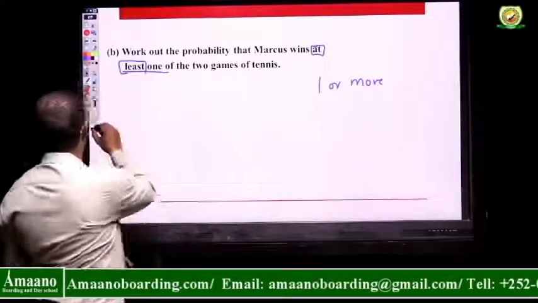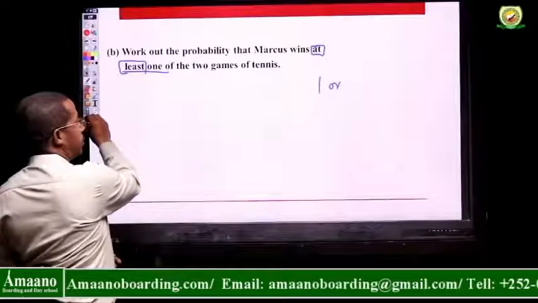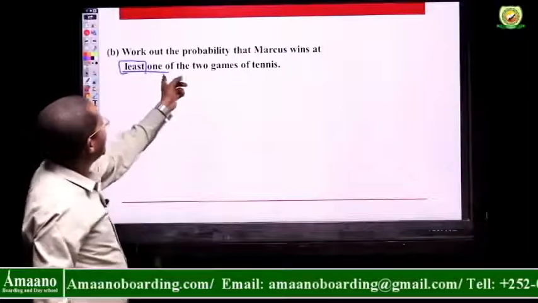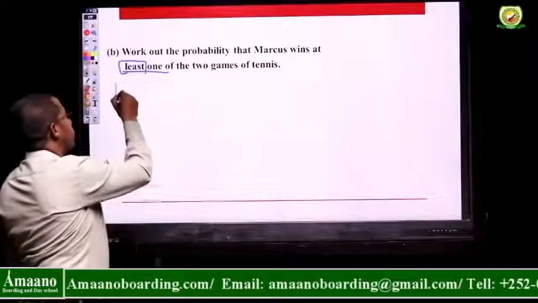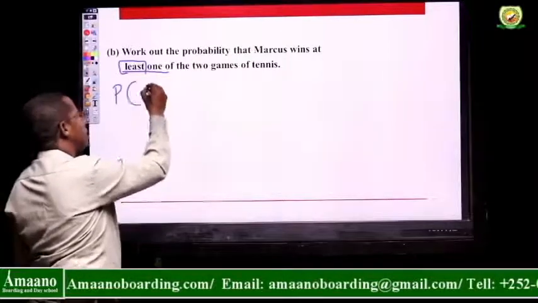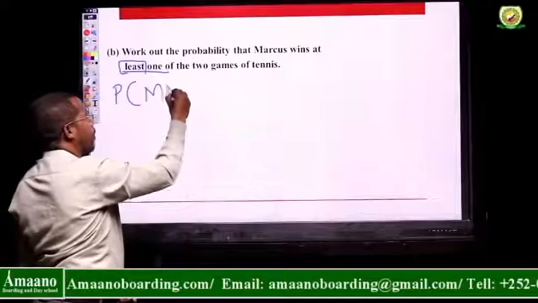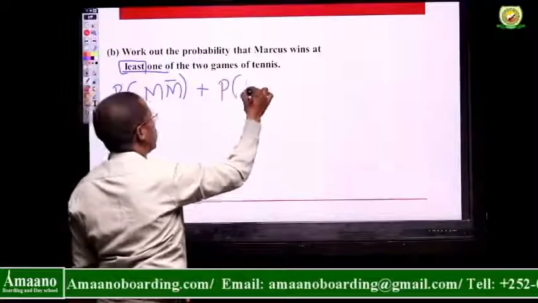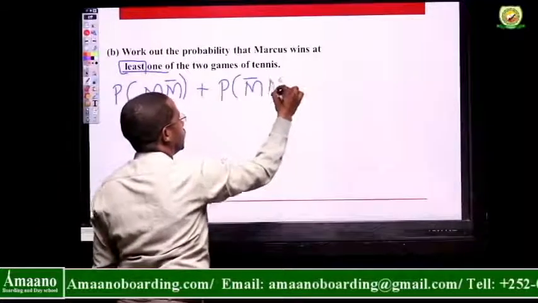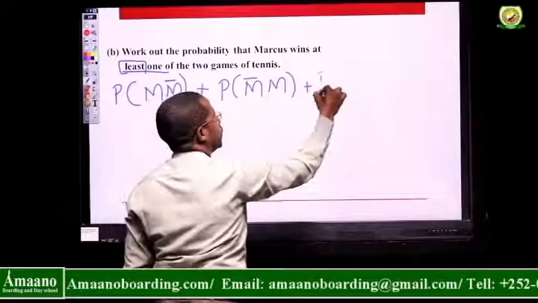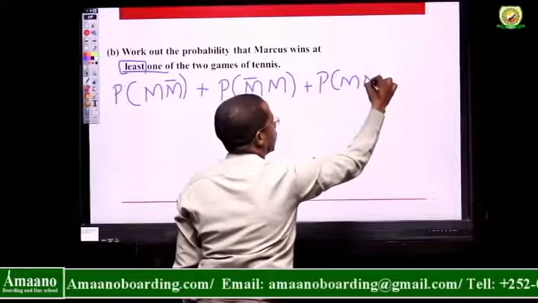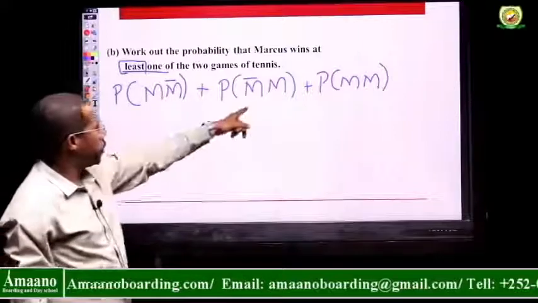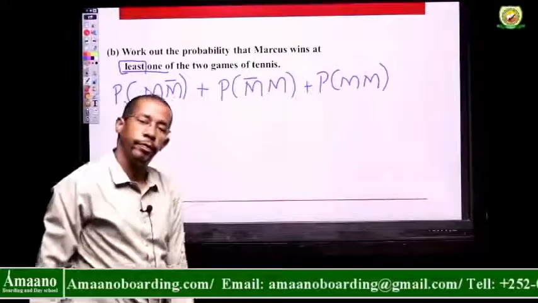Now, how do we answer this question? Work out the probability that Marcus wins at least one of the 2 games. So this will be he wins 1, he wins 1, he wins 2.